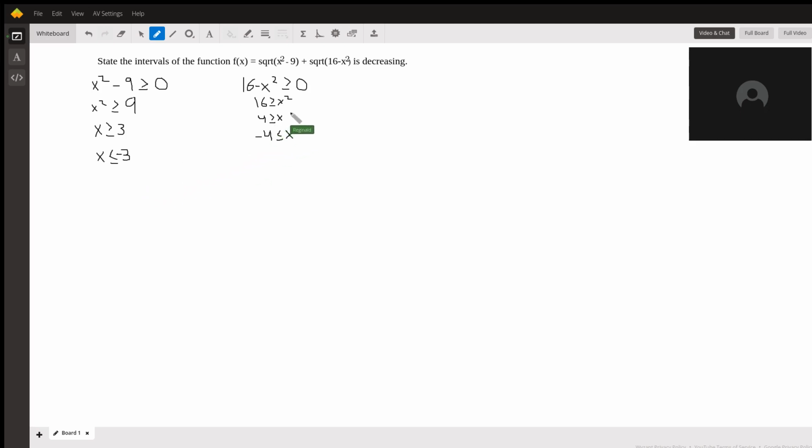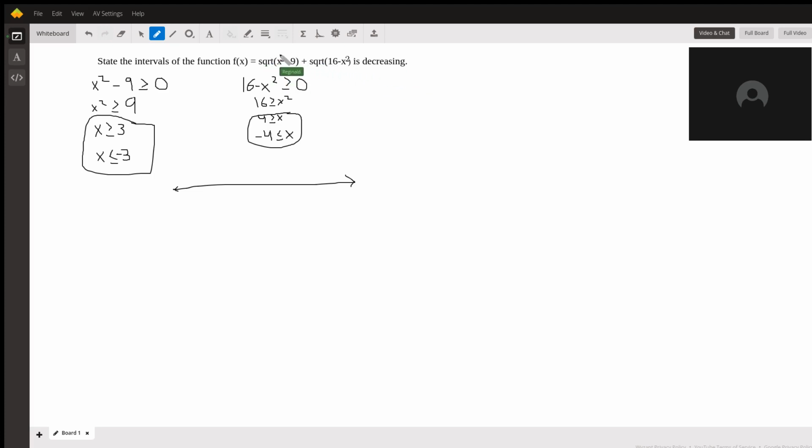So on a number line, this is not the answer. This indicates the domain of the regular function. I am doing this because we're going to have to take a derivative, right? You take a derivative to find intervals of increasing or decreasing.